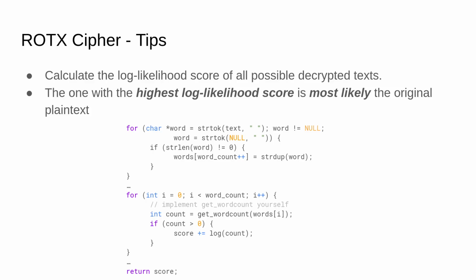Anyway, after calculating the score of all these possible decryptions, we just choose the text with the highest log likelihood score. And that text will be extremely likely to be the correct original plain text. This works extremely well because the scoring is evaluated from the exact same corpus that the plain text is generated from.